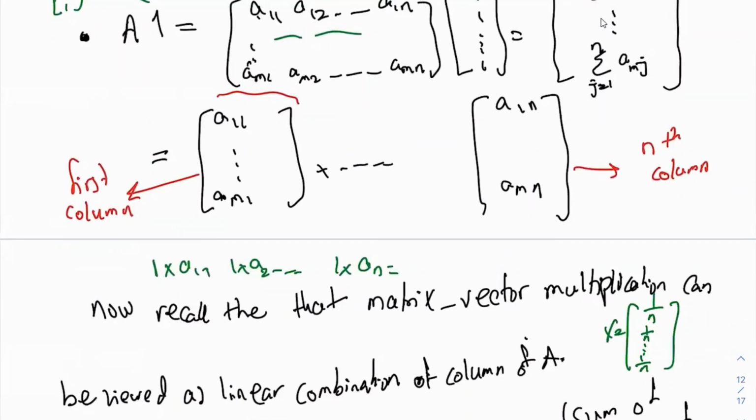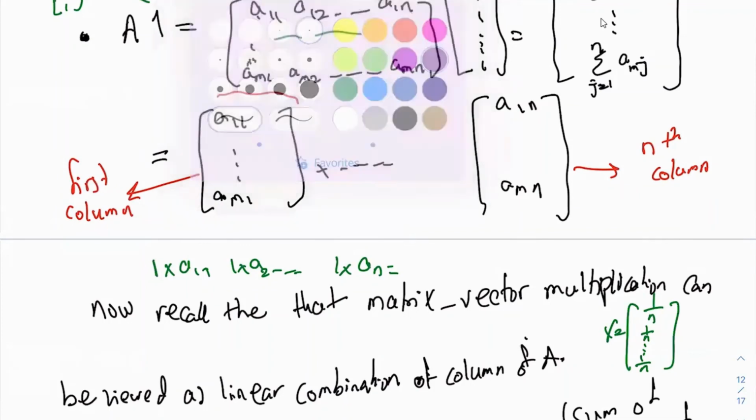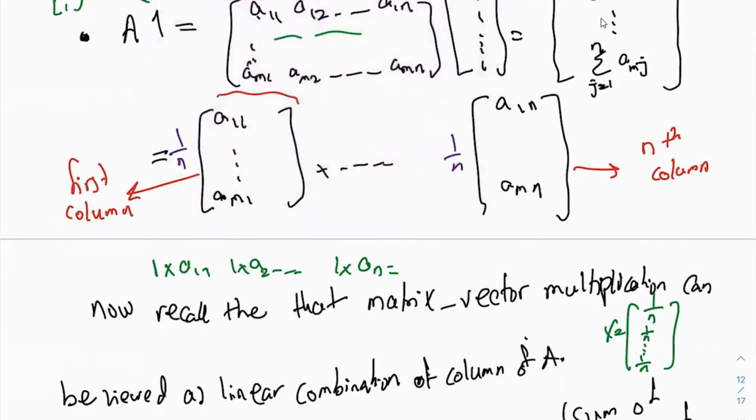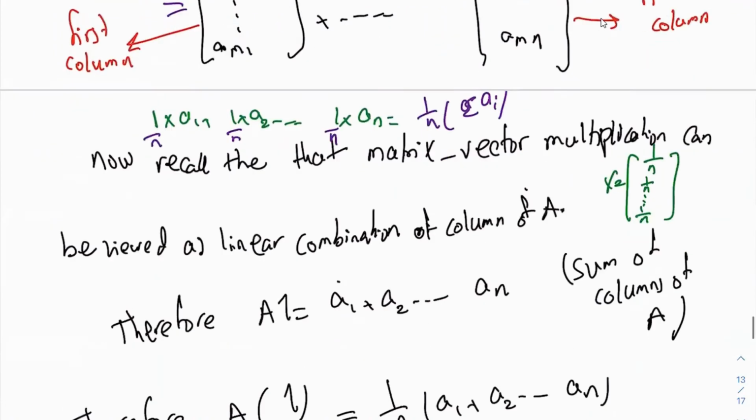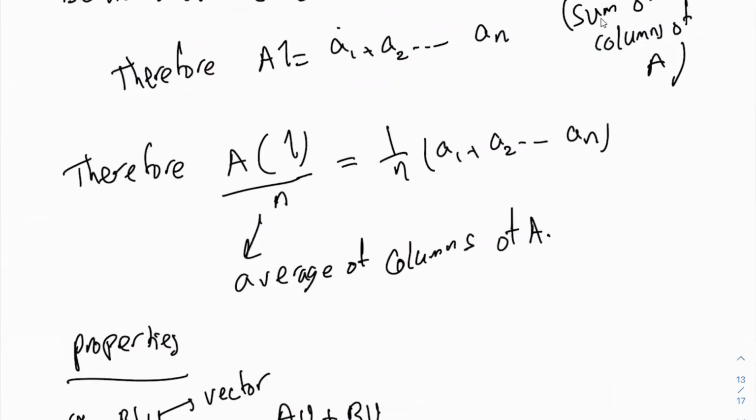Apply the definition of linear combination of columns of A. Here, each one has a weight of 1 over n, so you can factor it out. You're going to get 1 over n times the sum of the a_i, the average of the columns of A. So you can get the average of the columns of A easily. Just multiply matrix A by a vector whose elements are all 1 over n.